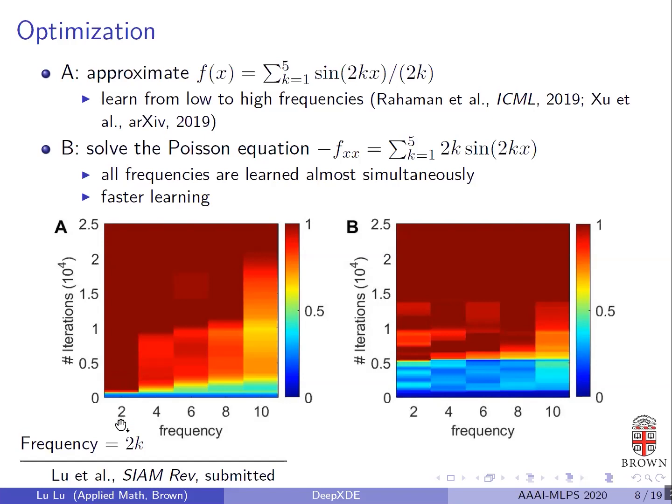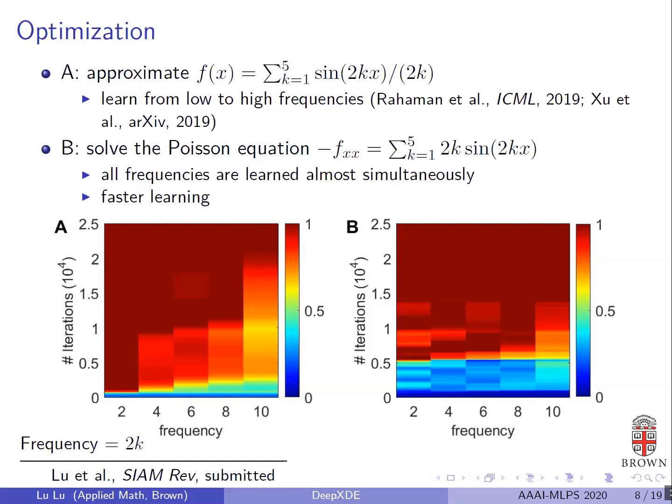As we can see, for the first frequency, it requires almost 2,000 iterations to make sure the network matches the target frequency. However, when we go to high frequency, for example the last one, it requires roughly 20,000 iterations. So as we can see from this figure, the network learns from low frequency to high frequency.